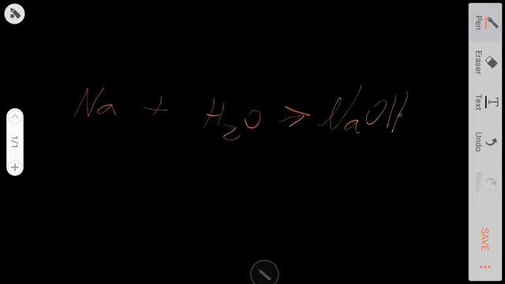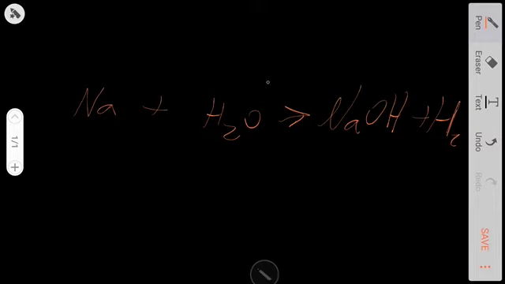If I were to have, let's see, what's a good one? Okay, here's a good one. If I had Na, sodium, plus H2O, and that gave me NaOH plus H2.